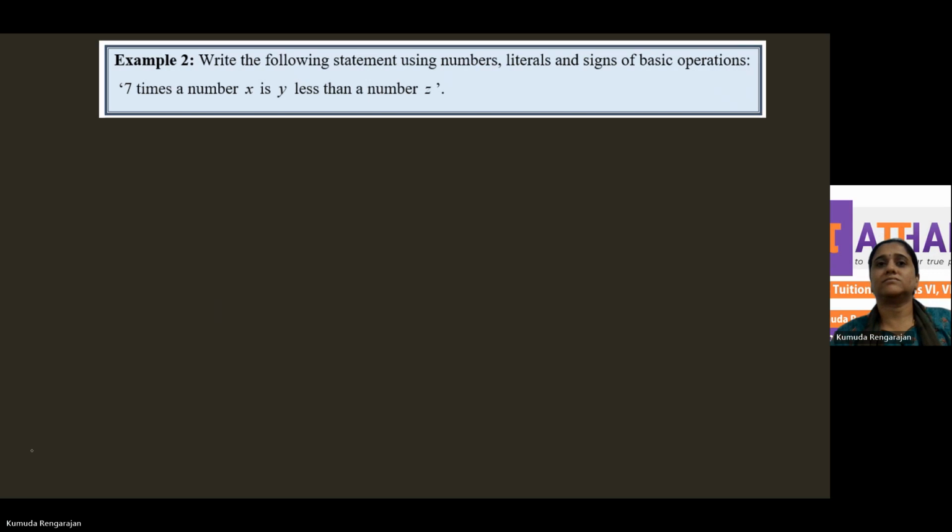Yes, Satakshi first, and then we'll take turns one by one. Satakshi. Read the statement. 7 times a number x.